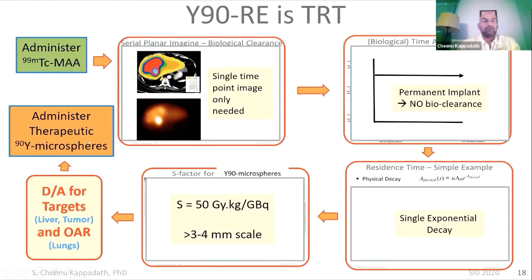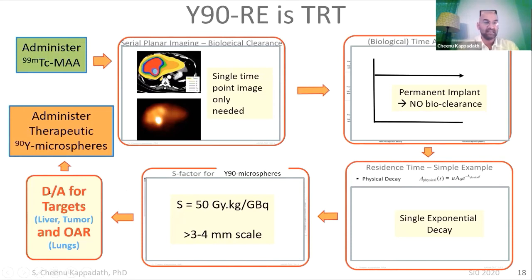But this is exactly what we do in radioembolization. We administer MAA, we do a single time point because this is almost a passively permanent implantation, right? Once it goes in there, it doesn't really disintegrate very quickly. We do a mapping of that. We assume no biologic clearance. Based on this, there are some equations of residence times we compute, and then we have the S factor, which primarily is self-dose because Y90 is a pure beta emitter.